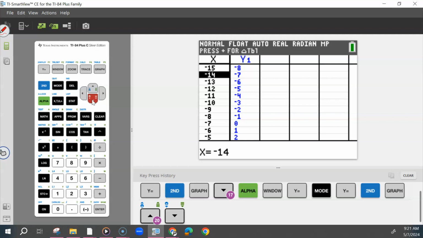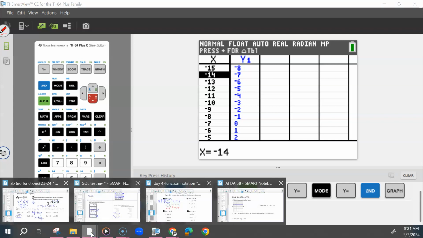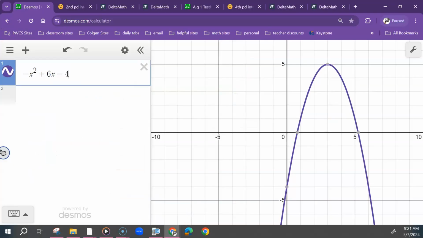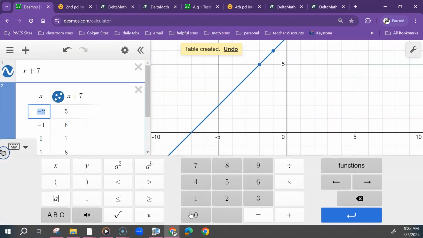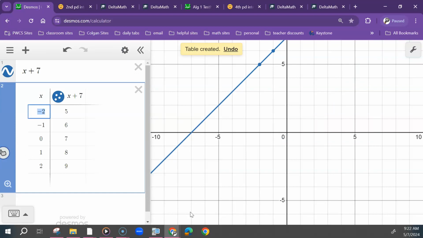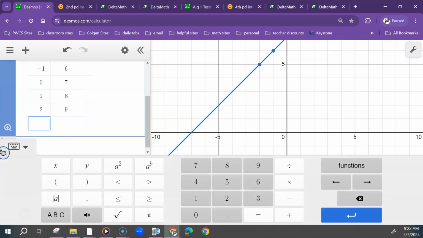In Desmos, it becomes kind of a guessing game. They always give you 5 points. If your points aren't up there, you can't put in y values, but you can put in x values, which is why it becomes guessing. I know that this is going up by 1, so if I do 3, that should give me when y is 10.